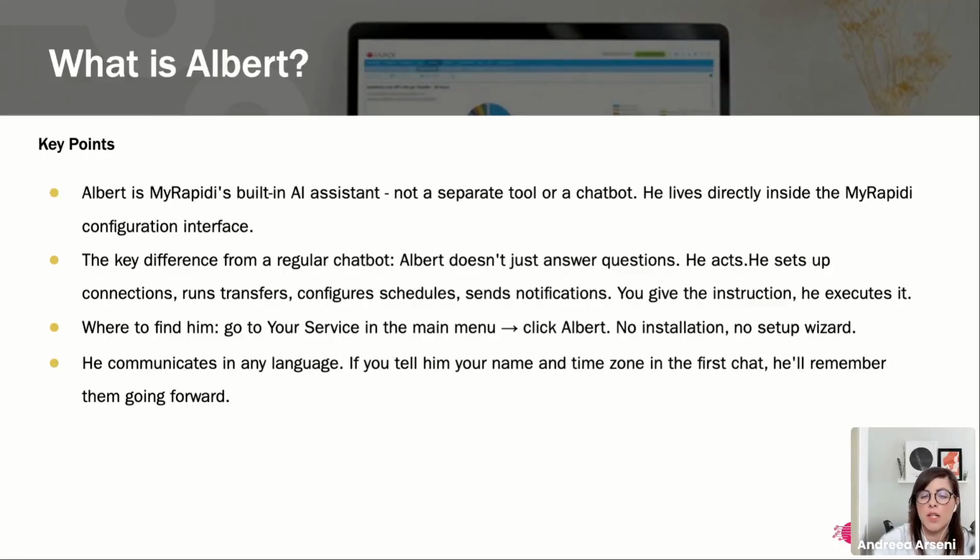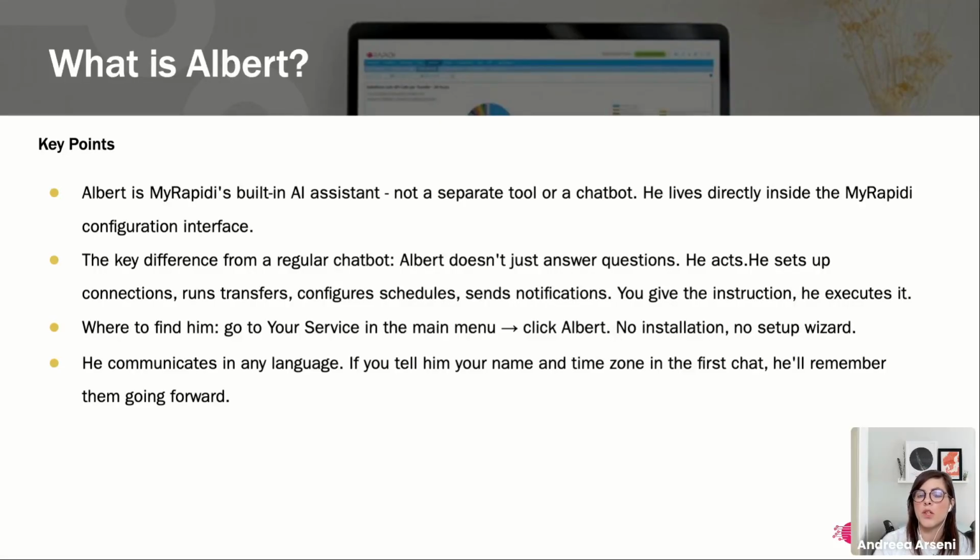So you don't need to install anything. You just go into your service, open the chat, and you start writing what you need from Albert. You can communicate in any language. I think I mentioned this last time. So if you are more comfortable writing in, let's say, German or Spanish, you can do that, and then he will respond accordingly.